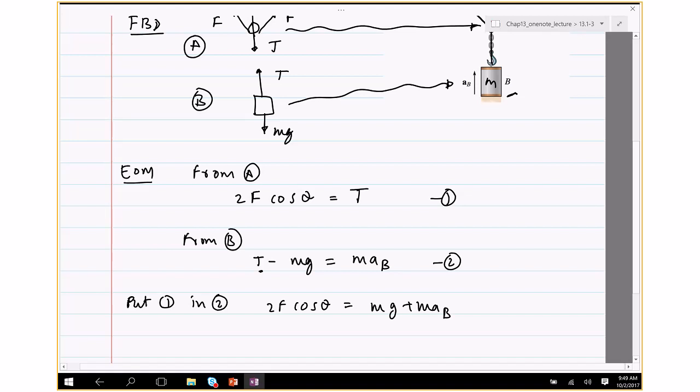Okay, so let's see. I'm given AB, g, and m is known. F is the unknown and theta is an unknown. So I have two unknowns and only one equation.